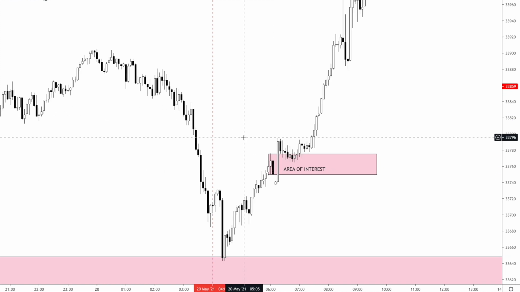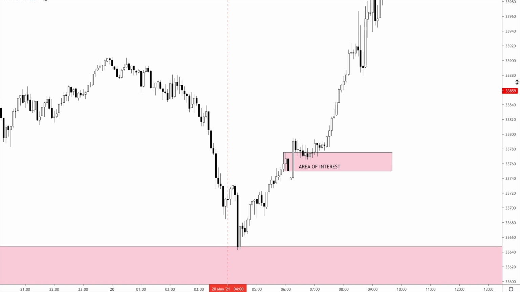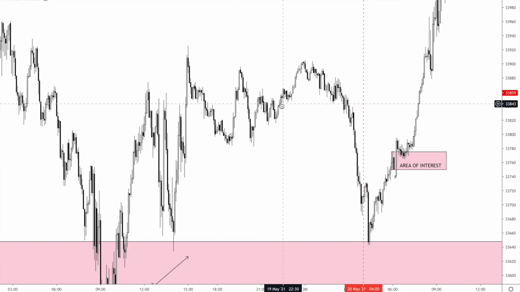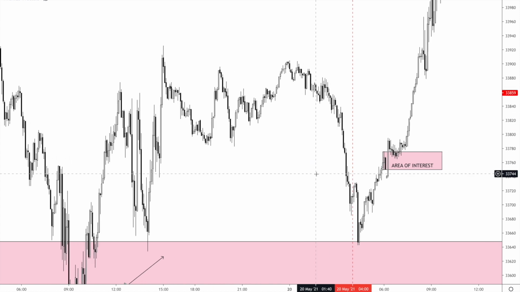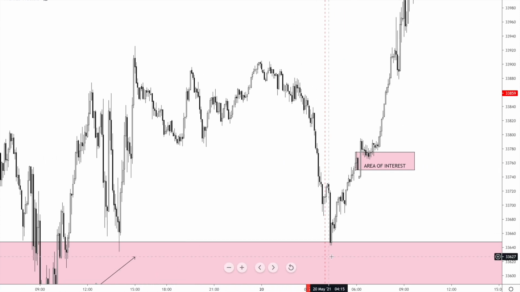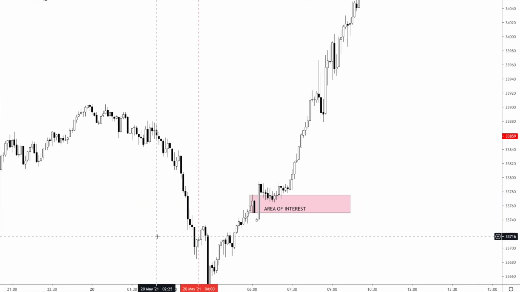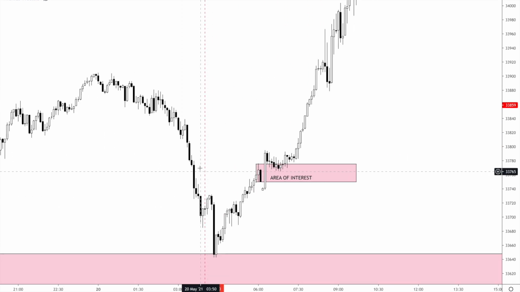All right. So perfect example of what I was saying about being stuck in one bias. You see this huge drop here, right? We know that we're looking for a mitigation here, but you see this huge drop, so you're saying, okay, momentum shift to the downside. I see this inefficiency here, right? And I see this order block form right here.